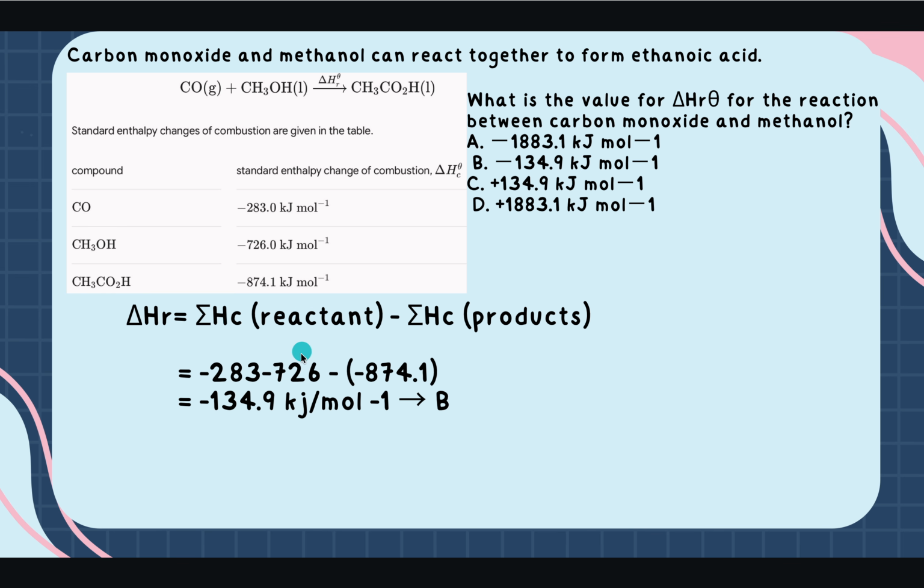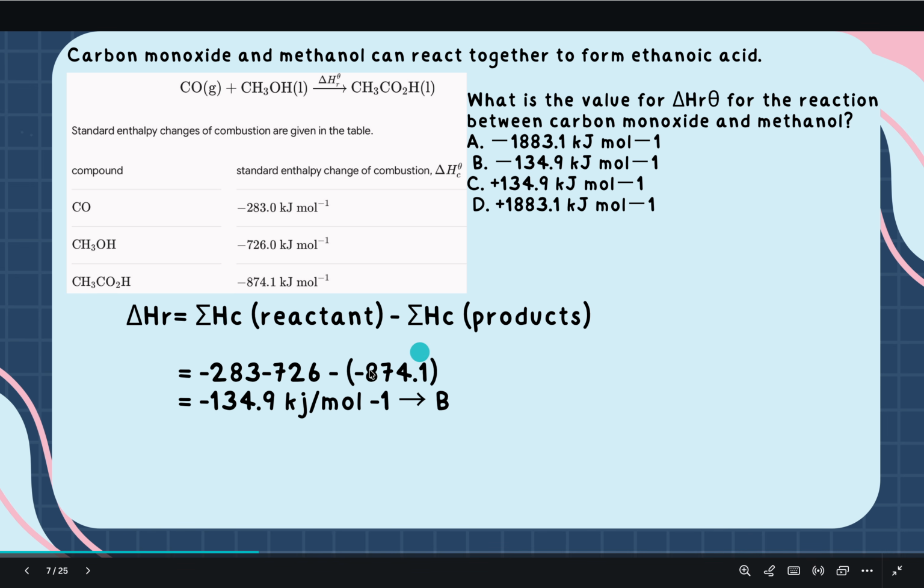So we insert the sigma enthalpy change of combustion of the reactants, which is minus 283 plus minus 726, subtracted by the sigma enthalpy change of combustion of the products, which is minus 874.1.